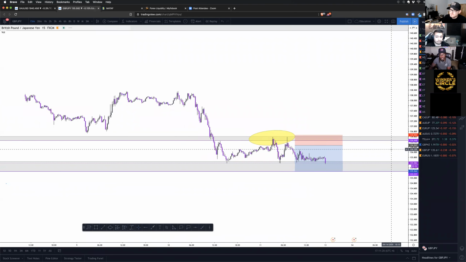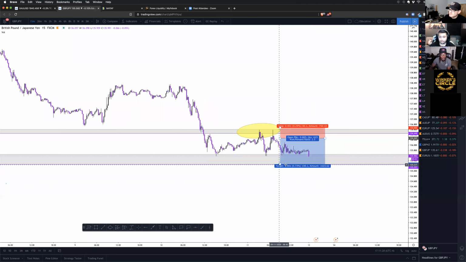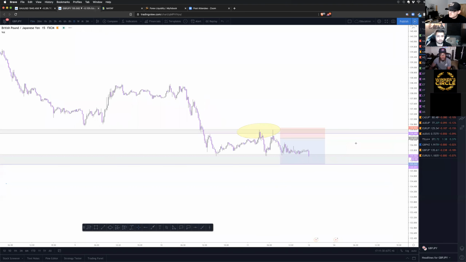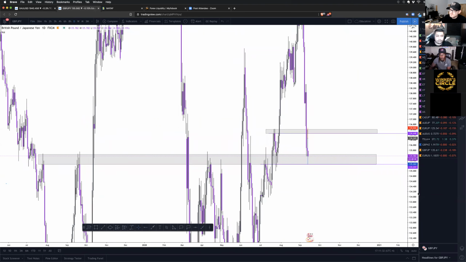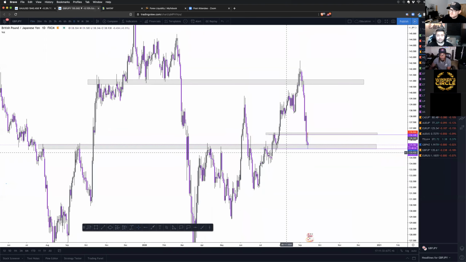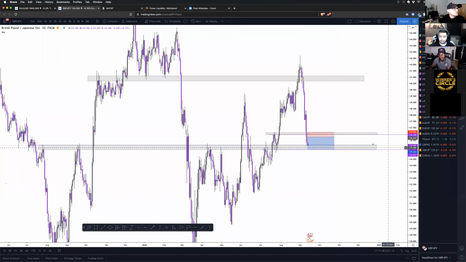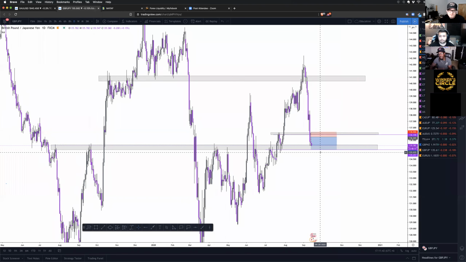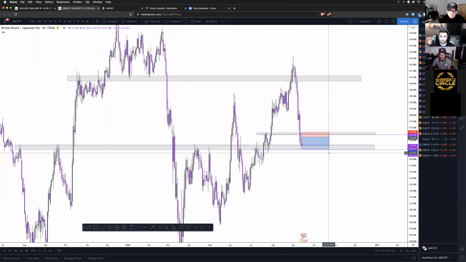We can see price is still moving down, but based on the closure of these bodies here, we can see why price is going to come there. And like I said, that's where I'm looking to go long from. So that's how you build your confluences when looking to take a trade.